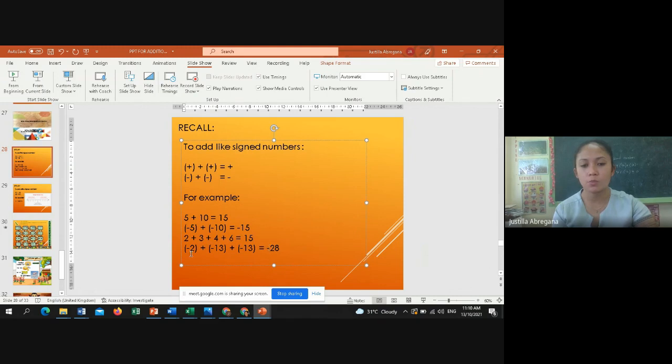And then 2 plus 13 is equal to 15, plus 13 equals 28. Okay, how about if we have other given numbers like negative 2 plus positive 10 plus negative 20.